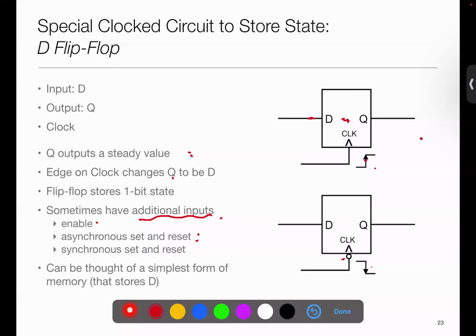You can think of this D flip-flop as the simplest form of memory, something that stores a bit. Now, these are pretty costly. They take lots of transistors, so we use them only very close to the logic. If you're storing bulk data, you would use the kinds of memories we talk about in the computer, like DRAMs and SRAMs and perhaps even flash drives.